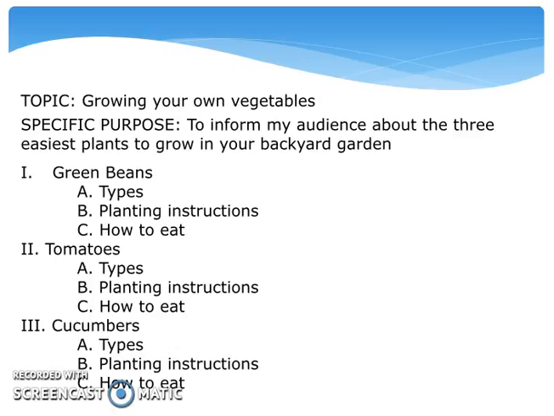So I'm using a topical organizational strategy here. And then I also went a little bit further to focus in on some subpoints to use under each main point. I'm going to talk about the types, planting instructions, and how to eat for each of those subtopics. So this would be an example of what you might do for your working outline.